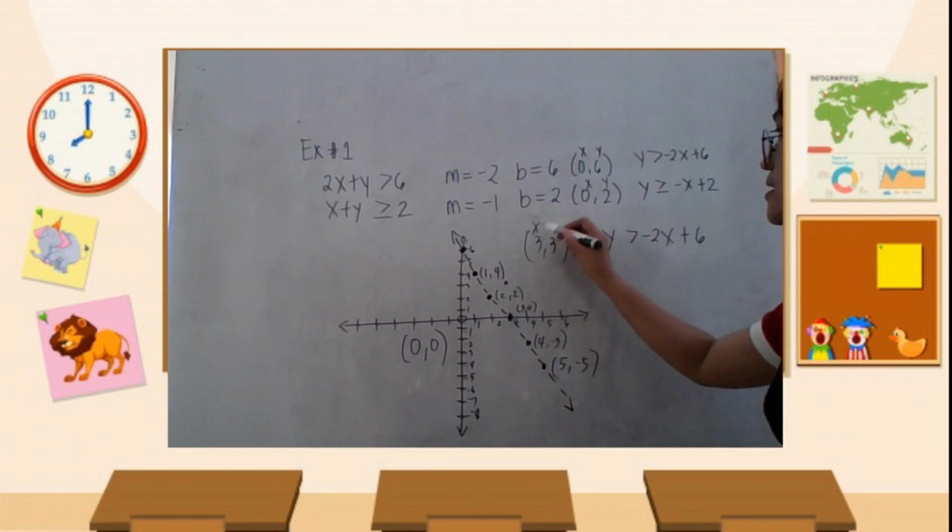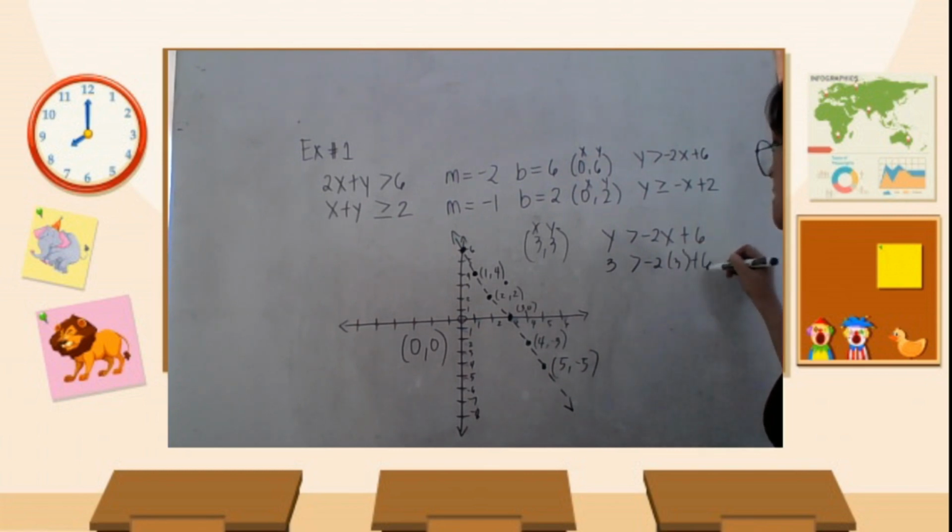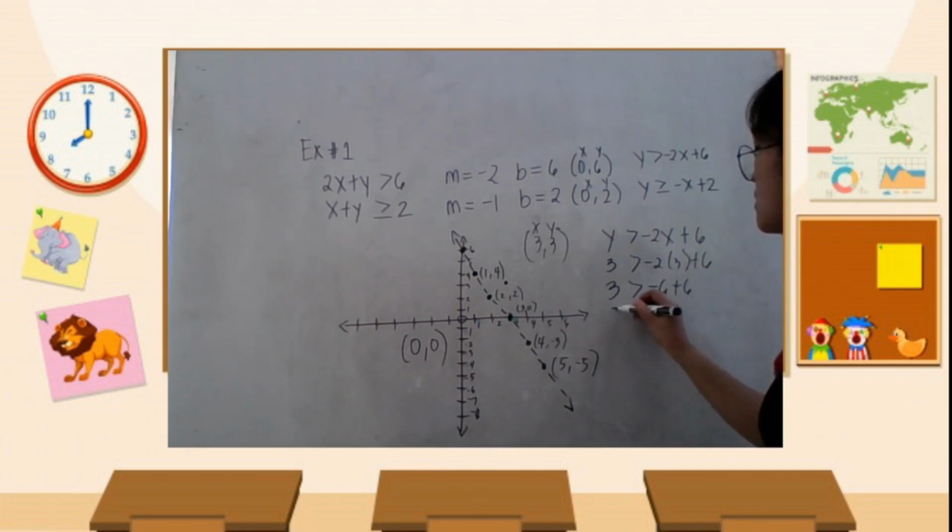This would be x and then the y. So, y is 3 greater than to negative 2 times 3 plus 6. So, 3 is greater than to negative 2 times 3 is negative 6 plus 6. So, 3 is greater than to 0. Is that correct? Yes. True.